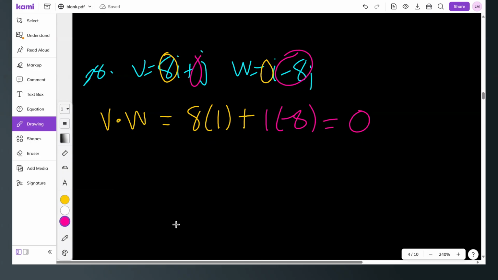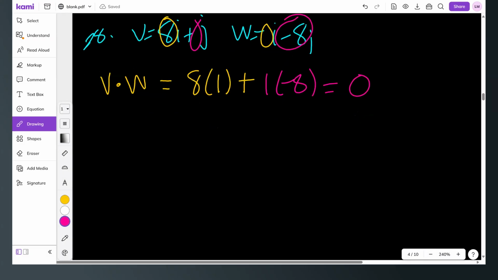All right, when they ask about the angle between vectors, that tells us if they're orthogonal, which means perpendicular, or if they're parallel, or if they're neither. If I come up with 0 on the dot product, they're orthogonal, and I'll show you why. That's going to lead to a 90-degree angle.